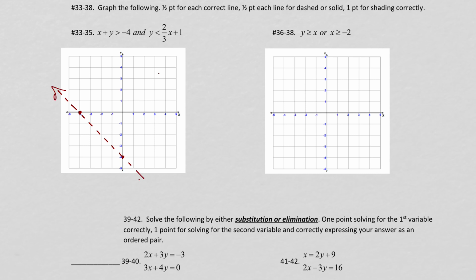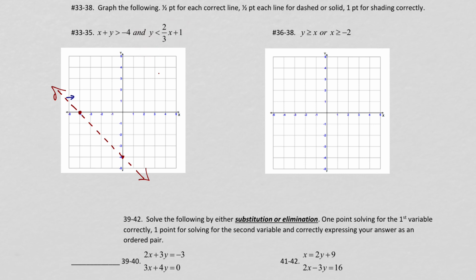And I'll put arrows on either side. Now, when I'm ready to shade, if I follow the x's, because this is positive, x's go left, right. Because of the greater, I'm going to be shading to this side of the line. Okay, if I had done the y's go up, down. Because this is positive, I would go up, which is the same side of this line.